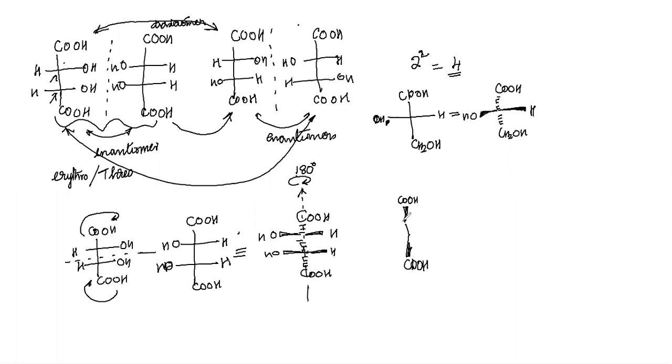Now the groups in the front will go to the back side and OH will come here. Remember that. So here OH and here H. Understand this very carefully. Oh, sorry.